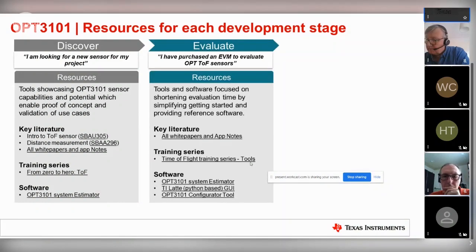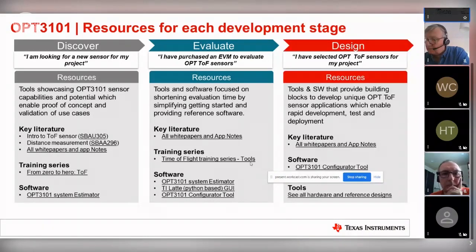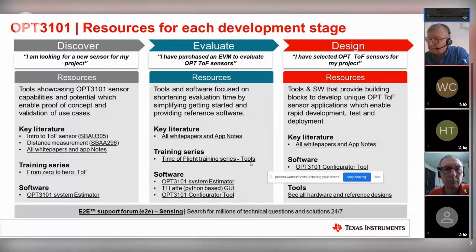To evaluate, we have the EVM plus very good Python-based tools that enable you to do automated testing, for example, and then a lot of collateral for the design when it comes to PCB design, as well as calibration and writing the software. The time of flight team is answering directly on the E2E, which is a great place to get technical support while you are at any stage of the development, in fact. Okay.